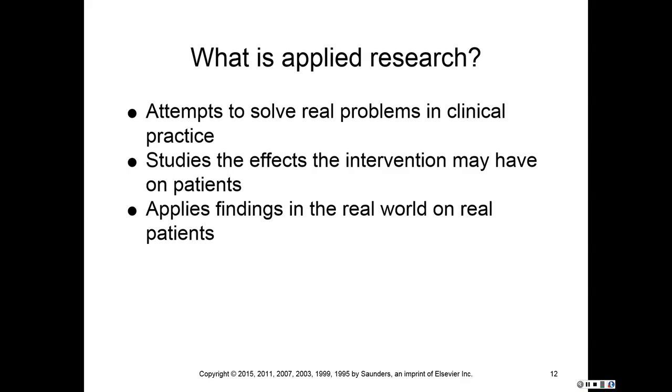Applied research is also used to test a theory for usefulness in clinical practice. From another course, you may be familiar with Callista Roy and the Roy adaptation model. Roy tested her theory in neurology units, and in particular pediatric patients.